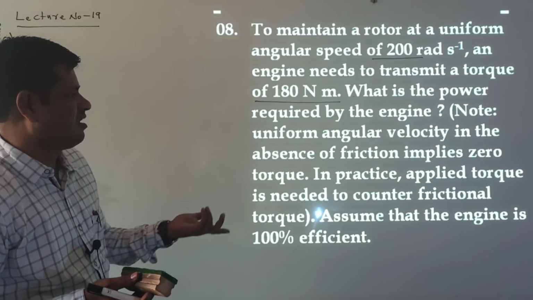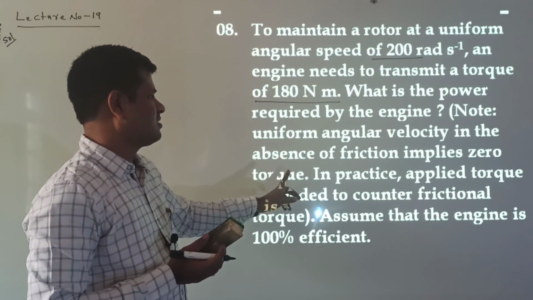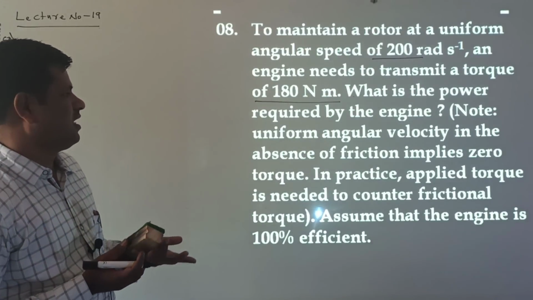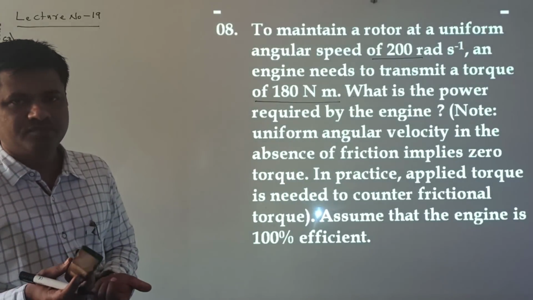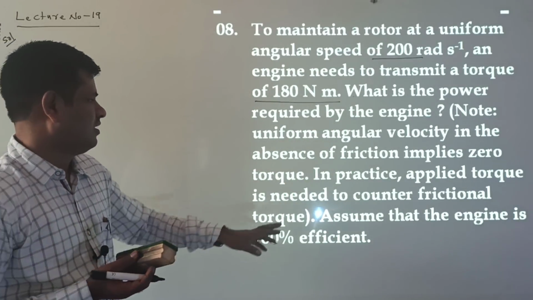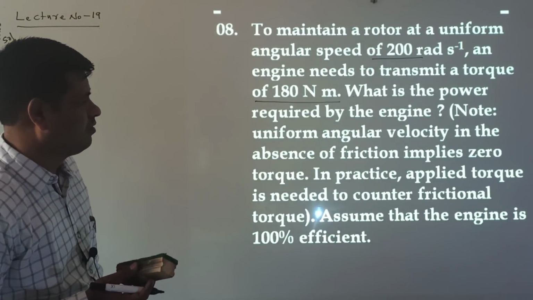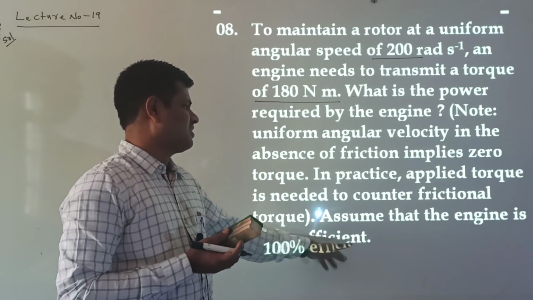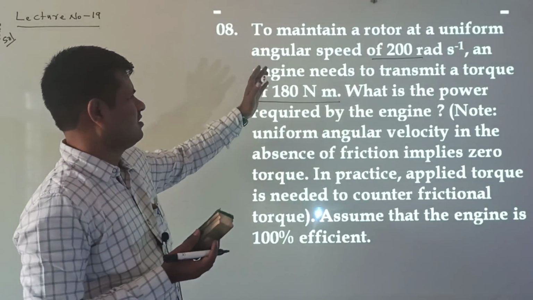Already we know friction is not acting, so uniform angular velocity means torque is also zero. In practice, an applied torque is needed to counter frictional torque. Assume that the engine is 100% efficient. These are note points, and we are not using them in this problem.